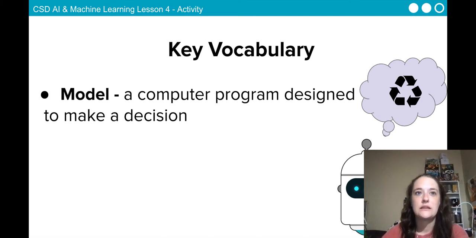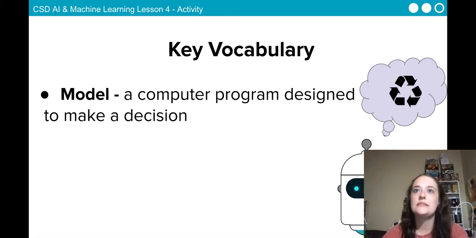I want you to remember that a machine learning model is just a computer program designed to make a decision. In this lesson, we're going to look at several apps and try to understand the model they are using to make decisions. Some of these apps may be making decisions in a very clear and sophisticated way, and others maybe not so much.